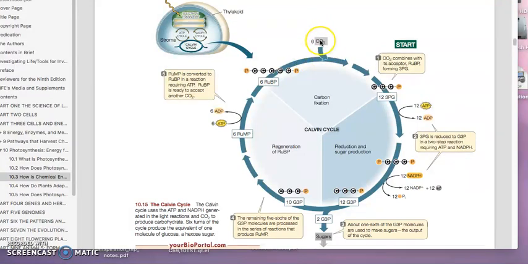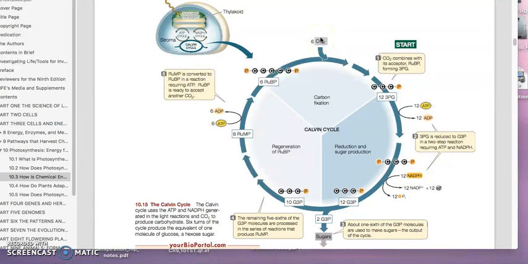So carbon dioxide comes diffusing through the holes on a plant leaf, in through the spongy mesophyll. We'll be looking at the interior structure of a leaf again, and it will enter plant cells and will enter the chloroplast. And here comes the carbon dioxide into the stroma.